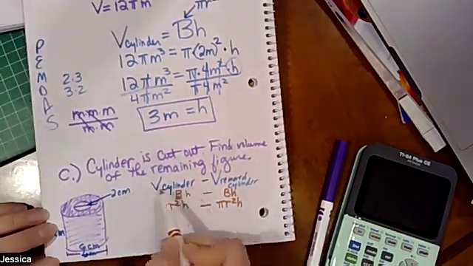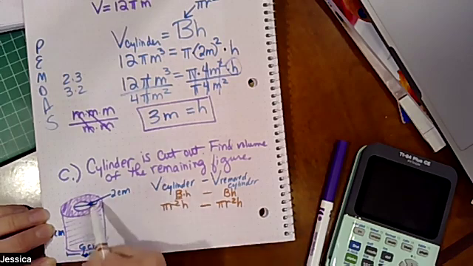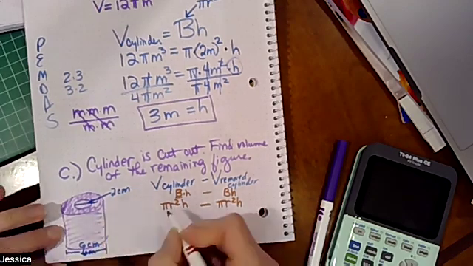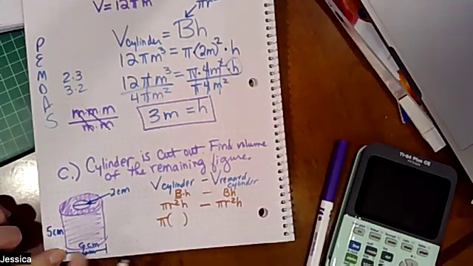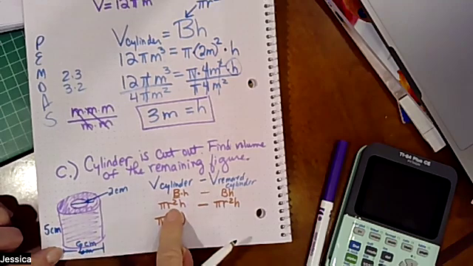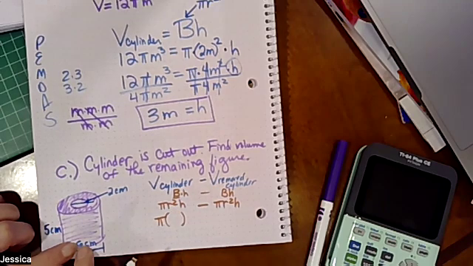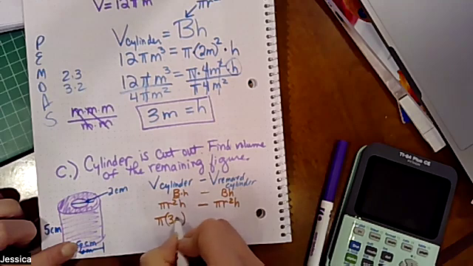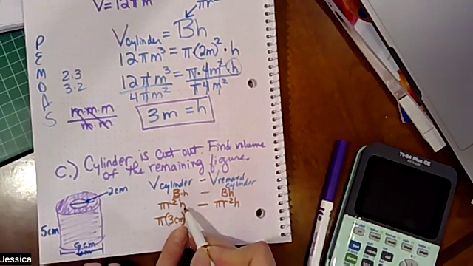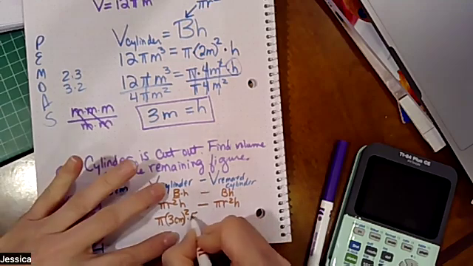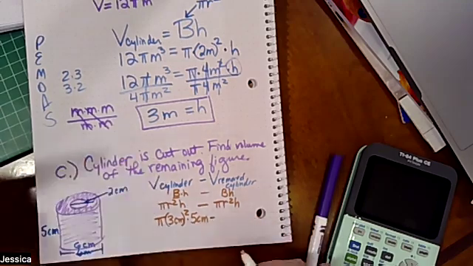Now, we're going to start with the bigger cylinder that's actually still here, okay? So it's going to be pi times, now be careful, this is your diameter. We need the radius squared, so half of that is going to be 3 centimeters squared times the height, 5 centimeters. Okay, minus.